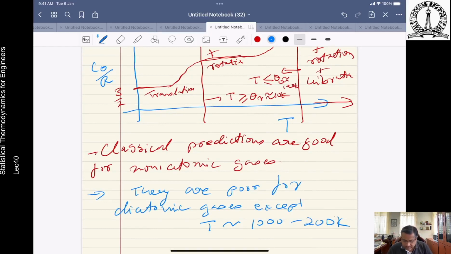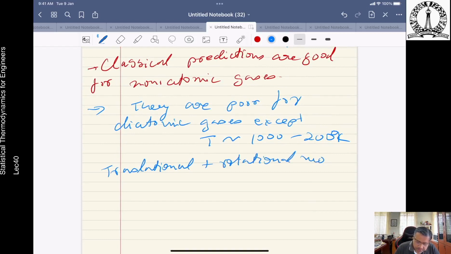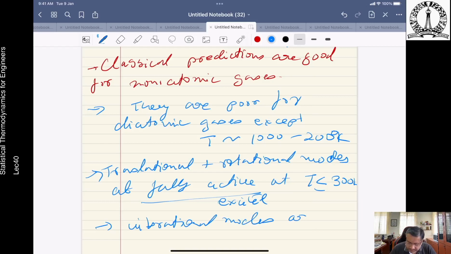This behavior, as we already said, is because the translational plus rotational modes are fully active at T less than or equal to 300 Kelvin, but the vibrational modes are active only at T exceeding about 1000 Kelvin.